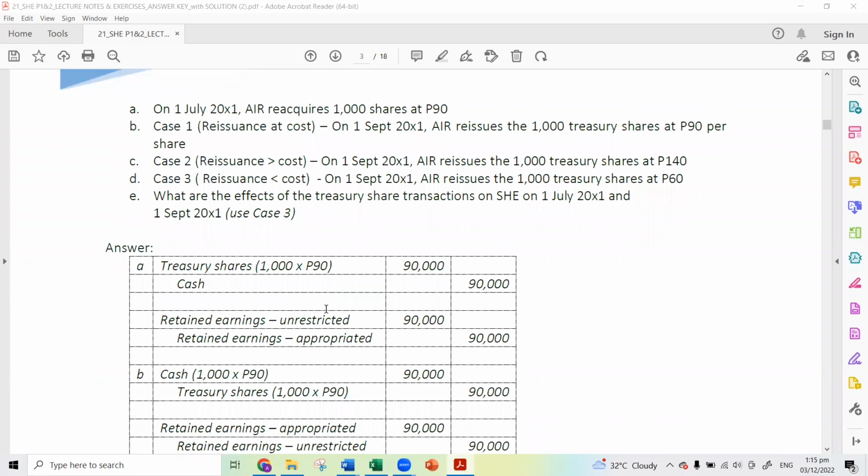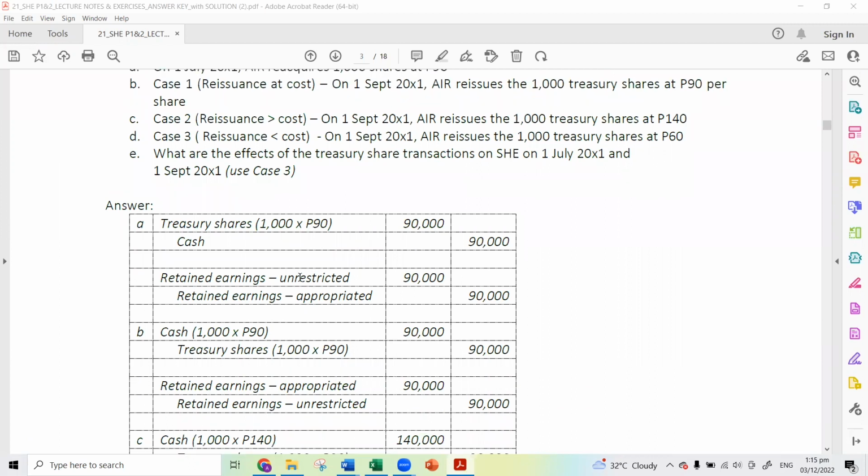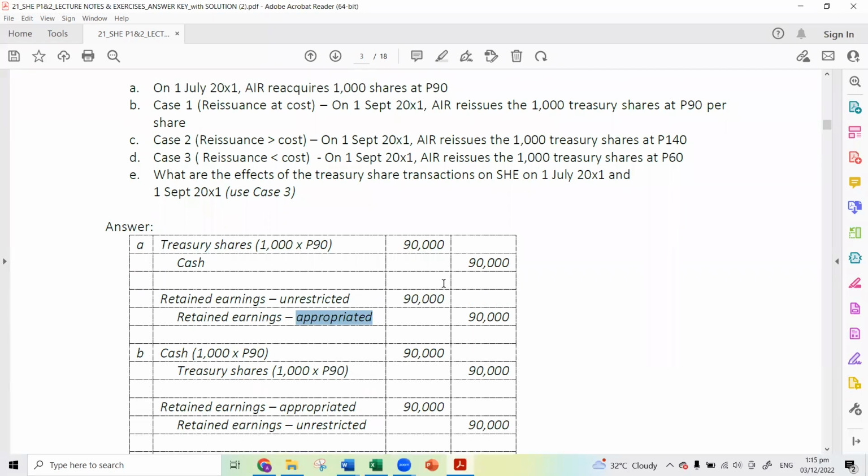Kapag may treasury shares, merong automatic appropriation dyan ng retained earnings. Okay? In accordance with the corporation code. Okay? So ito, unrestricted, appropriated.